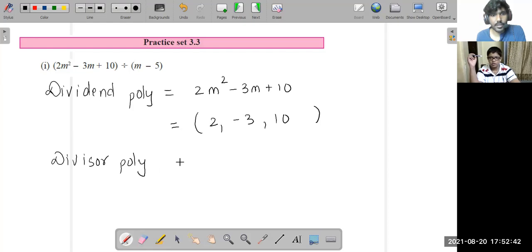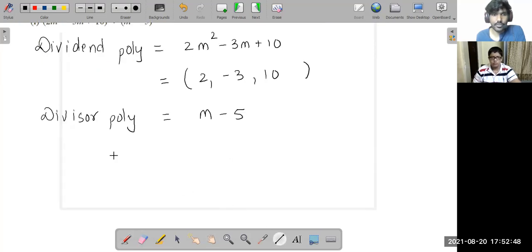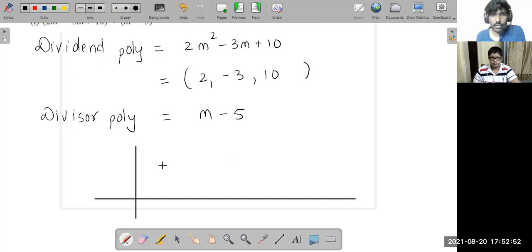What is your divisor polynomial? m minus 5. So we'll start with the synthetic division. First write all your coefficients, 2, minus 3, and 10. Now here, what should I write? Plus 5. Yes, plus 5.